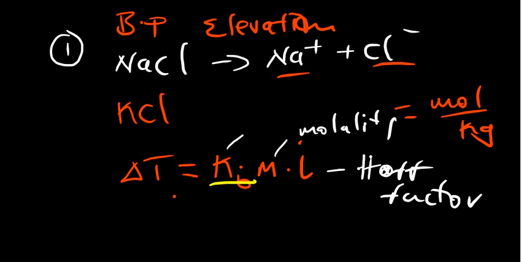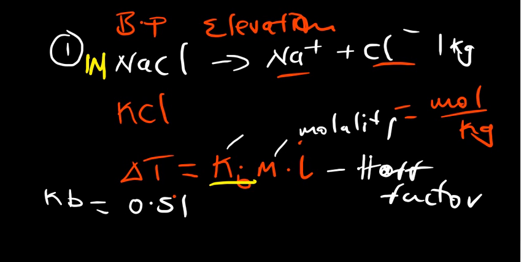Water has a Kb value of 0.51. Then the molality depends on the kilogram of solvent. Let's say the mass is a kilogram, and we've been told the concentration is 1 molar.